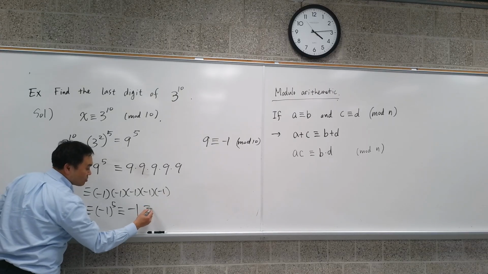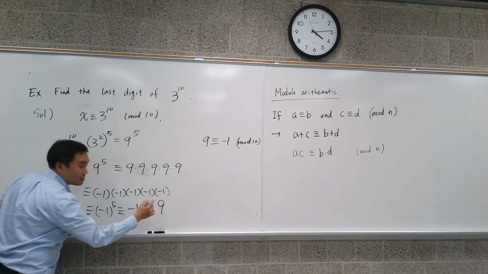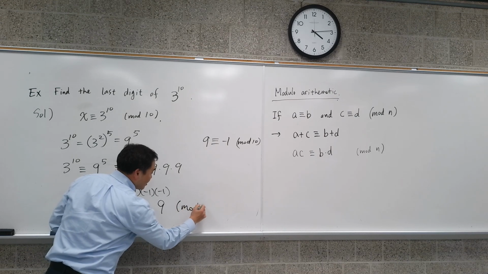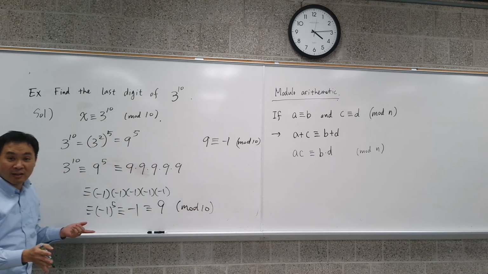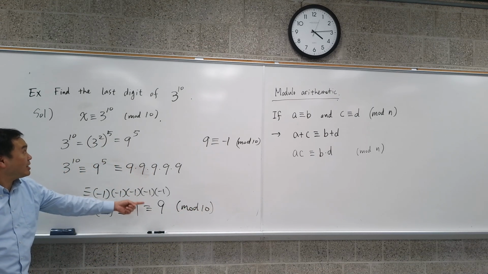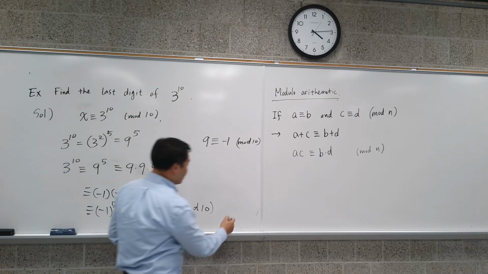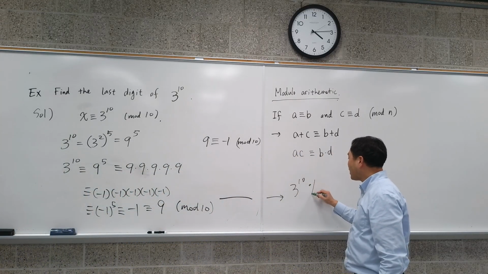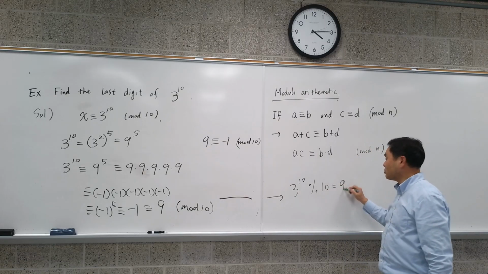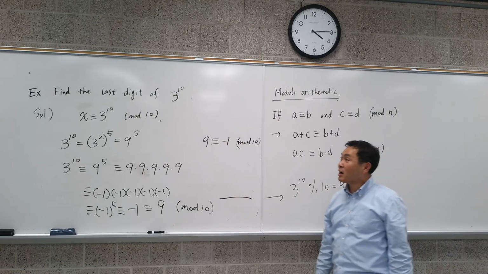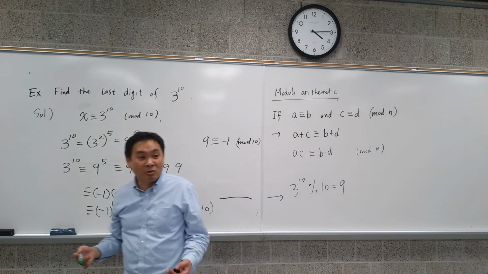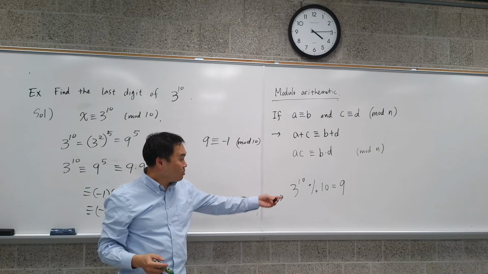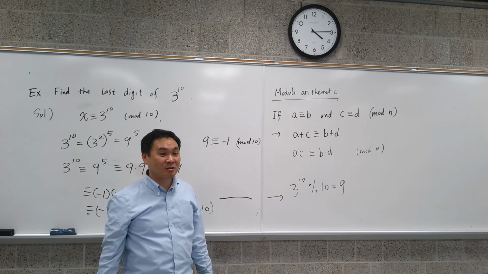Which is congruent to 9. And because 9 is indeed between 0 and 10, 9 is indeed the remainder, so this tells you that 3 to the 10 mod 10 is going to give you 9. So without really calculating 3 to the 10th power, which is a huge number that you probably don't want to calculate, you figured out the last digit.